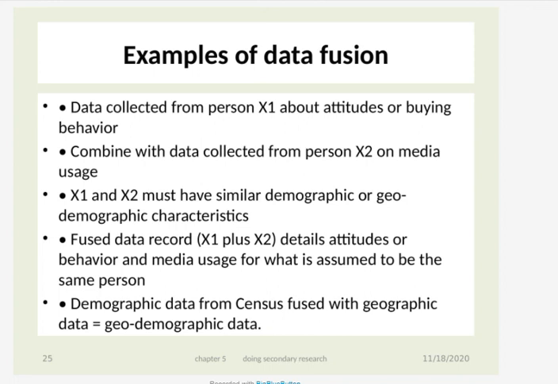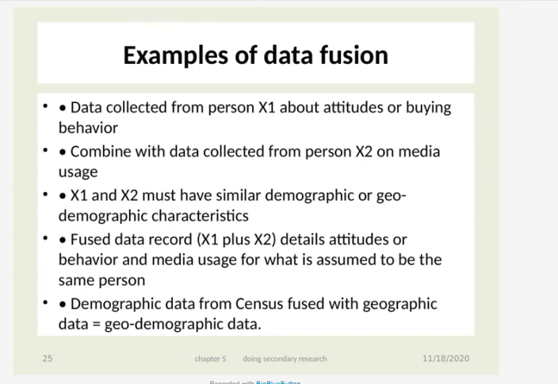This is what we mean by data fusion, getting a whole picture about someone or a specific profile, by using combined secondary data from different data sources or data sets.